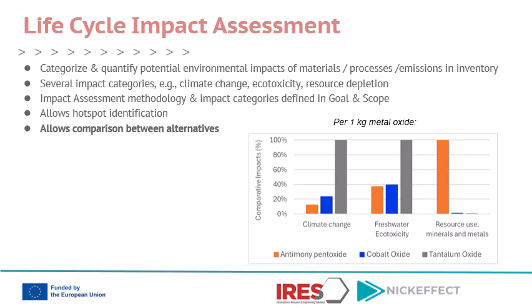So we can see that in terms of climate change, tantalum oxide has the highest impact. The same score we see for the freshwater ecotoxicity potential, whereas for the resource use impact category, we see that the antimony has the highest impact compared to the 3 metals we are comparing.